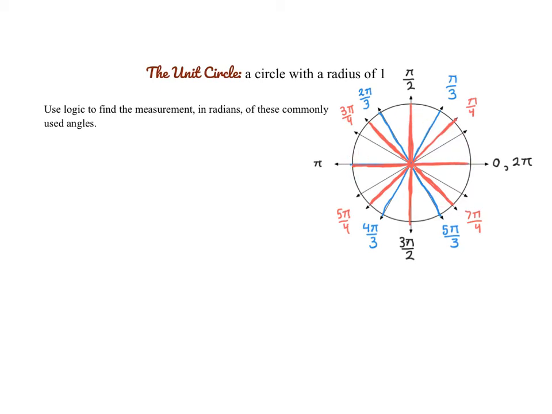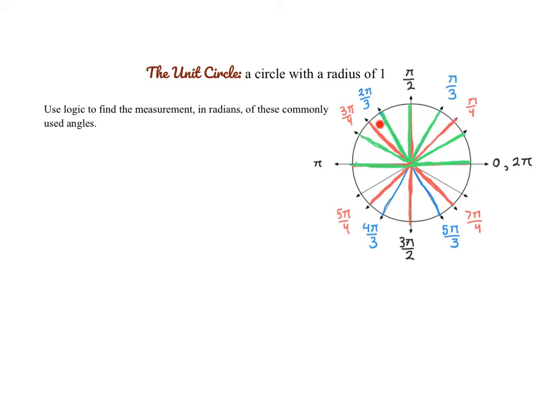And now let's do our last one. How about that? Those 30-degree angles. So that would be 30, 60, 90, 120, 150, 180. So you can see that this is actually split into 6 parts: 1, 2, 3, 4, 5, 6.